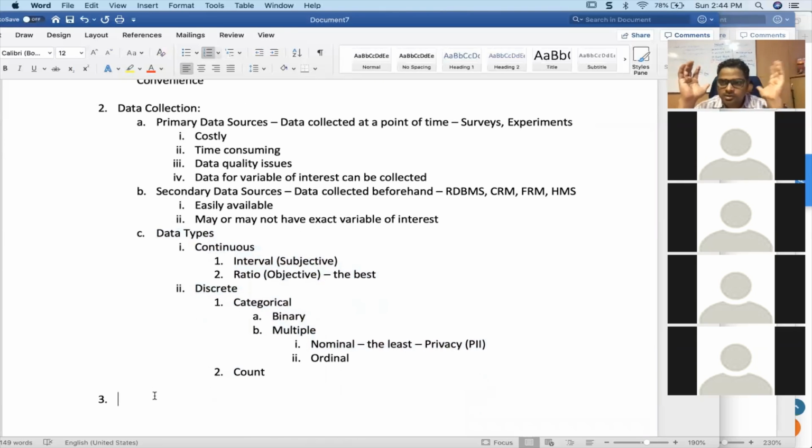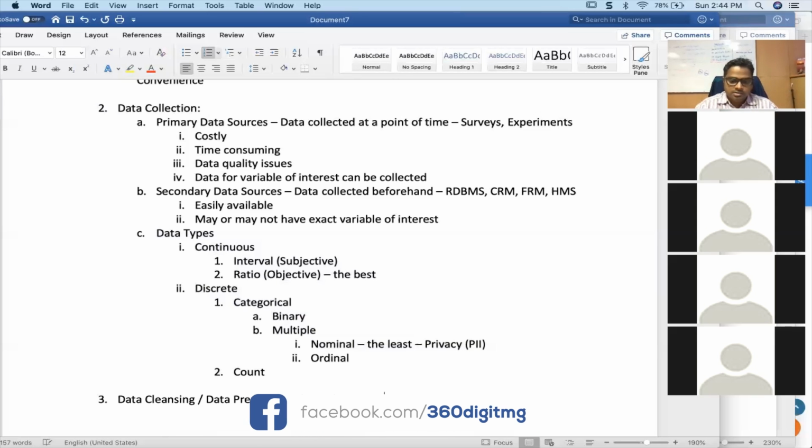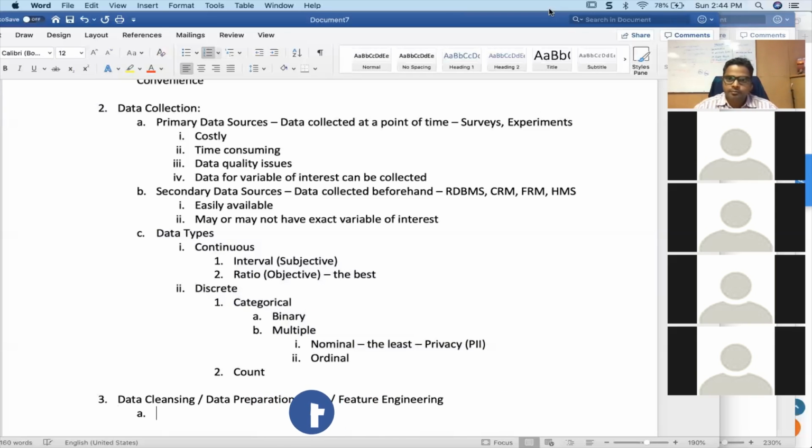Once you have access to data, majority of your time you spend on what? Data cleansing or data preparation. Exploratory data analysis, feature engineering, all would be part of this.